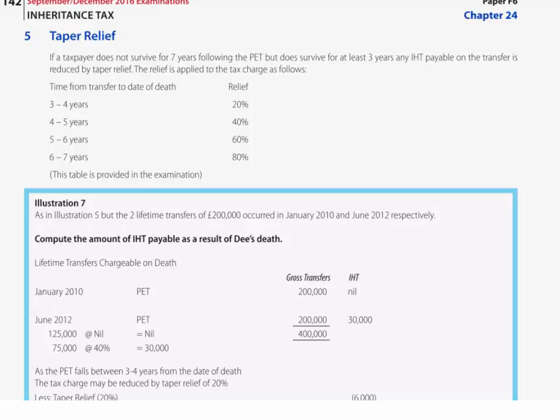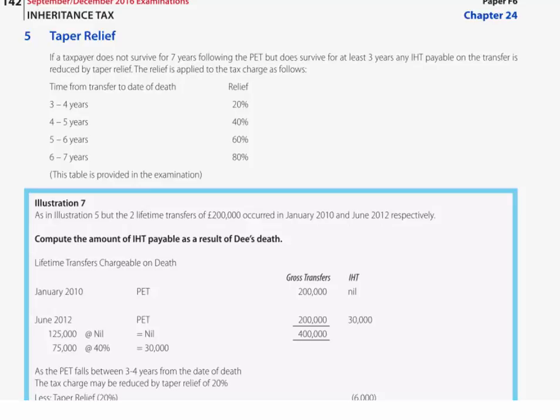But what we also made reference to is that if there were a tax charge in relation to a PET, i.e. we'd gone above the available nil rate band, then taper relief may apply to reduce that tax charge. But taper relief was only available if, though sadly we did die within 7 years of having made the transfer, we had managed to live for at least 3 years.